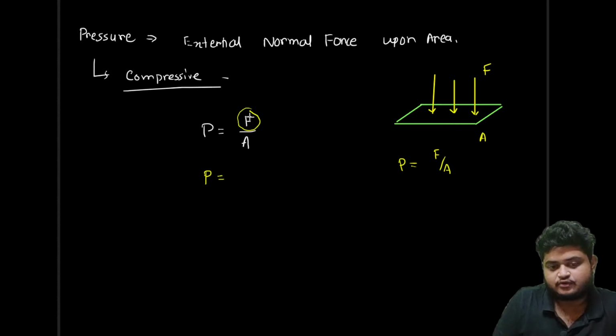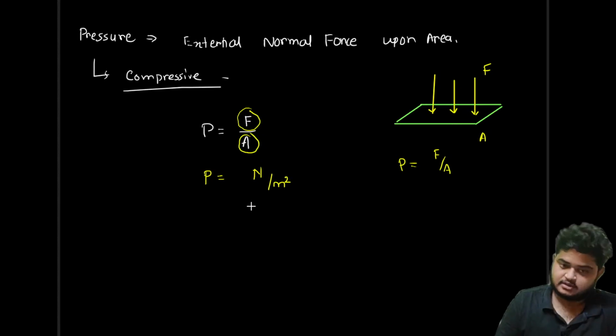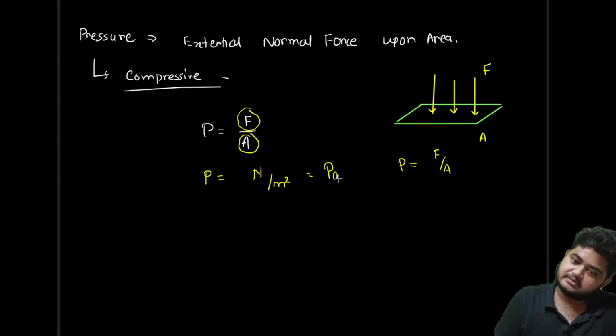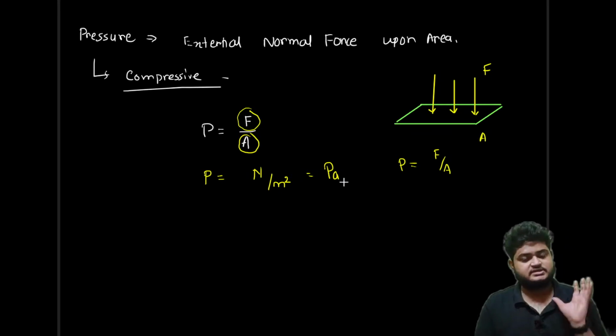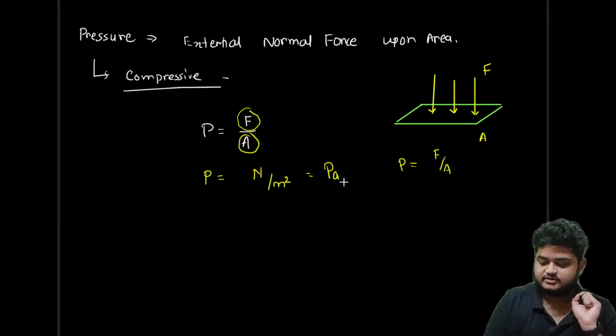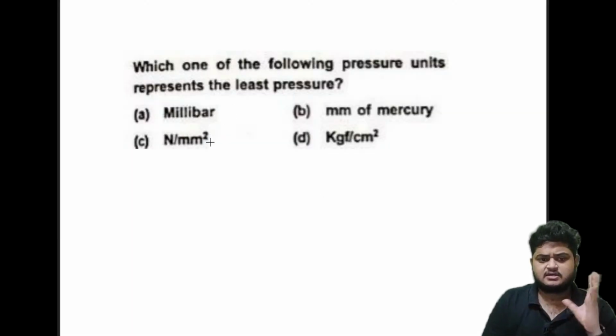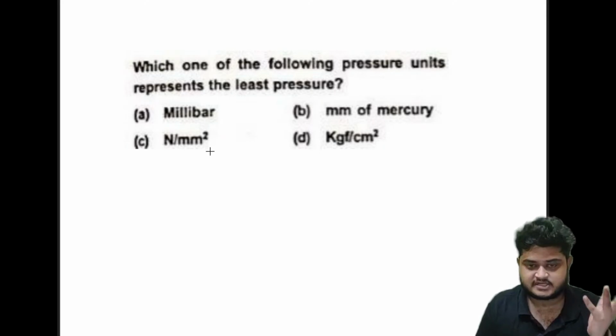Obviously, this is force upon area, so the unit will be Newton per meter square, which is also known as Pascal. So this is the general unit of pressure. Now the question is asking what is the least value of the pressure unit.